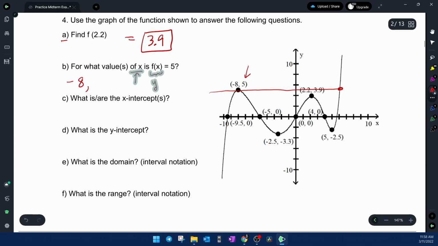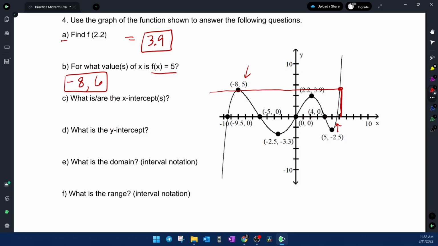There is another ordered pair with a y value of 5, and it appears that that x is going to be right here. 1, 2, 3, 4, 5, 6. It appears that that is going to be at 6. So again, there are two x values that have a y coordinate of 5 on this graph.